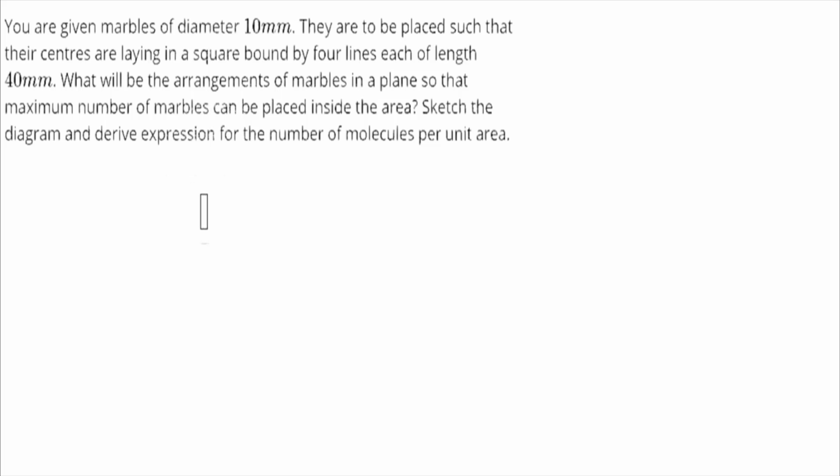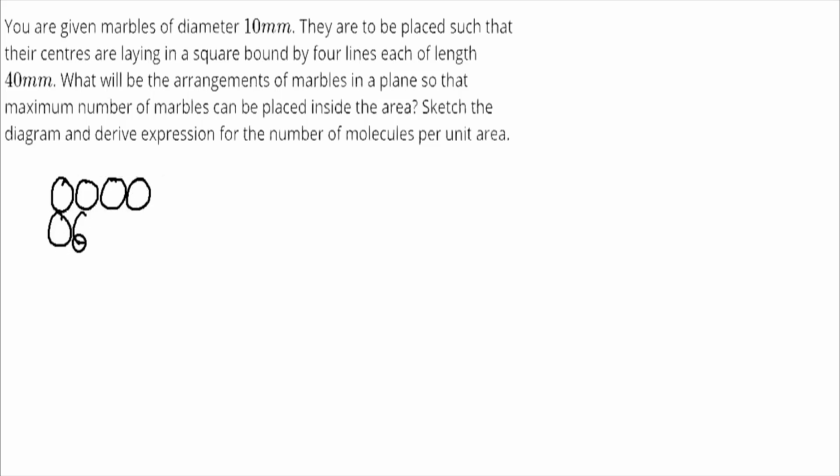So what we need to do is find out the maximum number of marbles per unit area, and then we also have to sketch the diagram, right? Firstly, what is given to us here is that the marbles are arranged. So let these marbles be like this only, right?